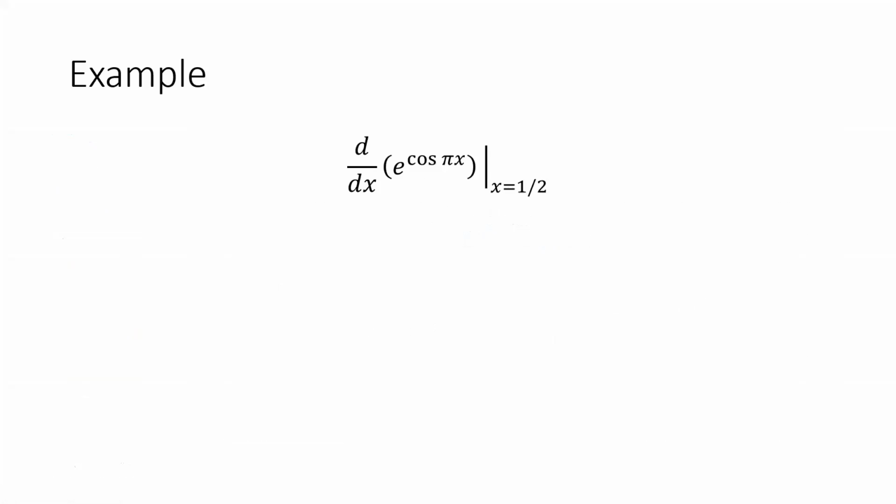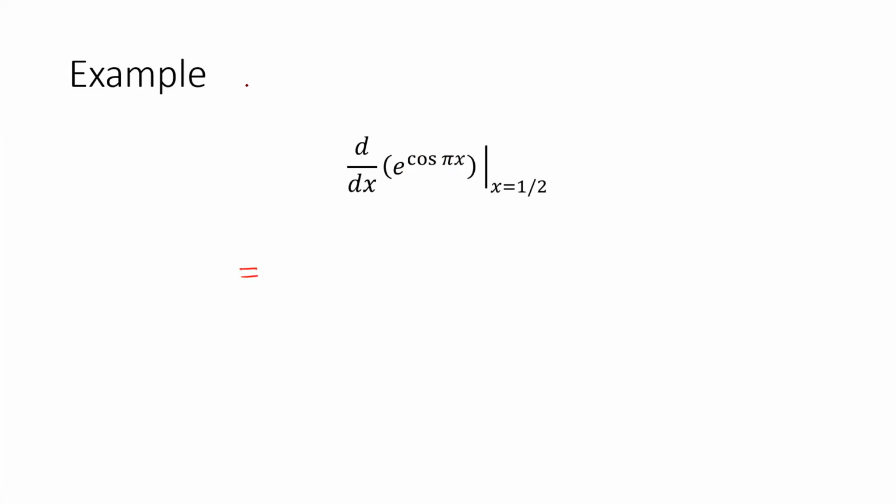The derivative of e to the cosine of pi x evaluated at x equals 1/2. Okay, so that means we're going to take the derivative first, and then we're going to plug in x equals 1/2. But notice here we've got the cosine of pi x inside the e to the x function. So we're going to do a little bit of chain rule.